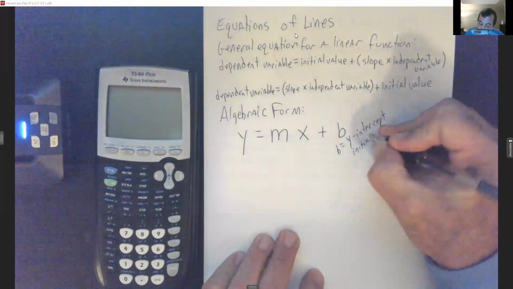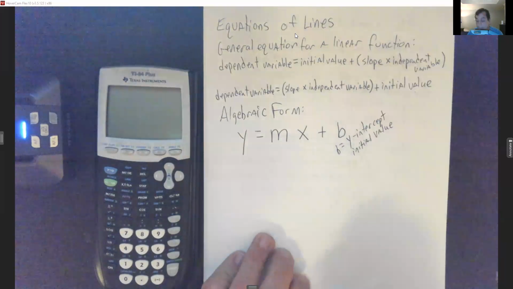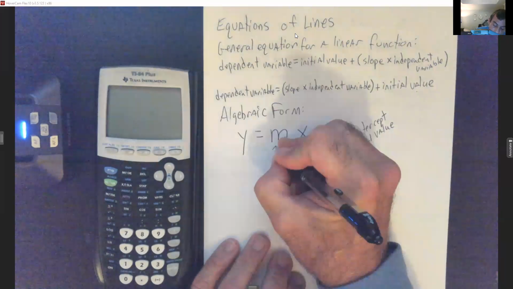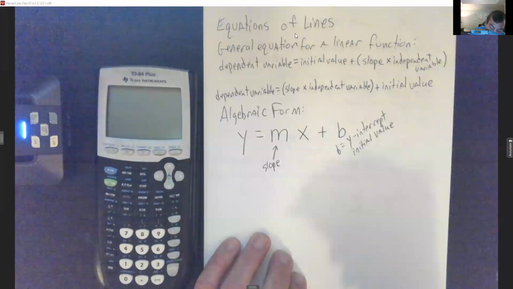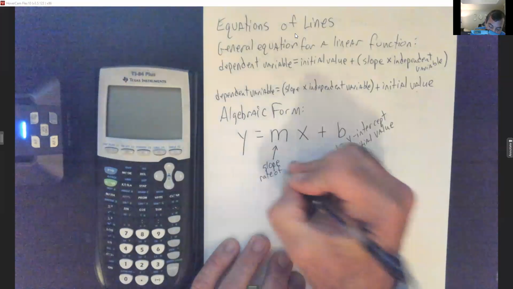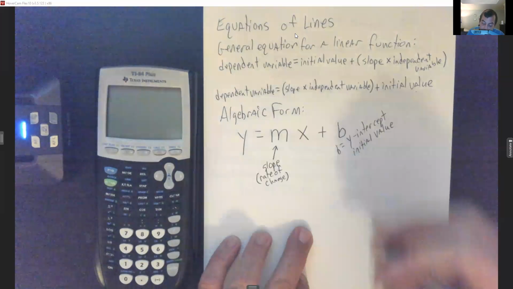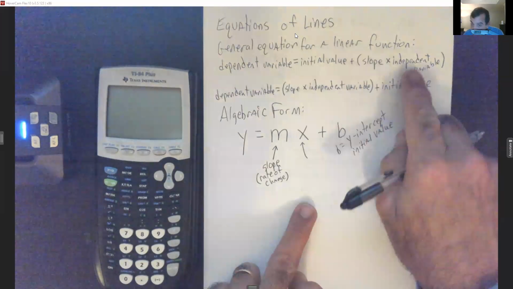That's your starting point on the y-axis. M is your slope or your rate of change. X is your independent variable.